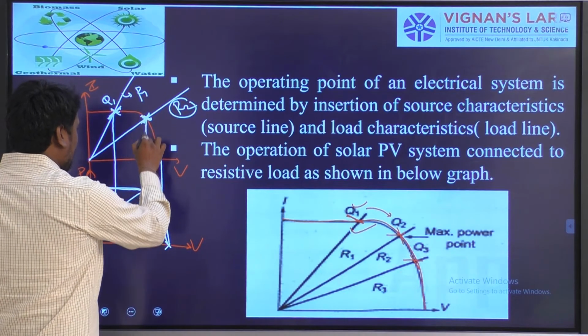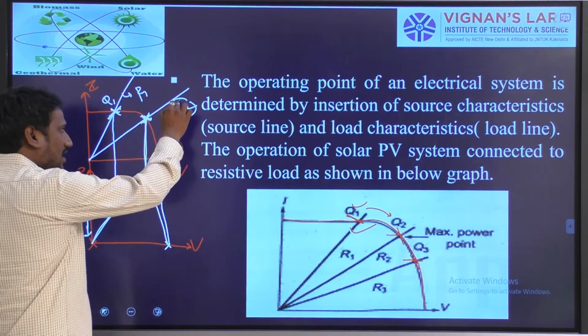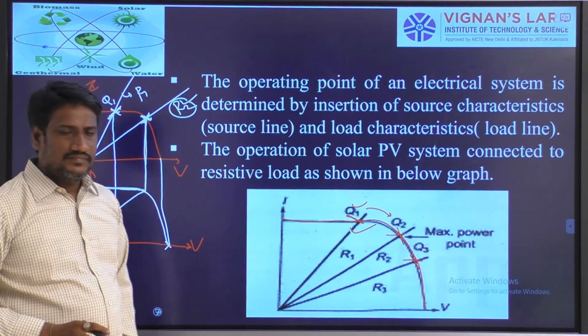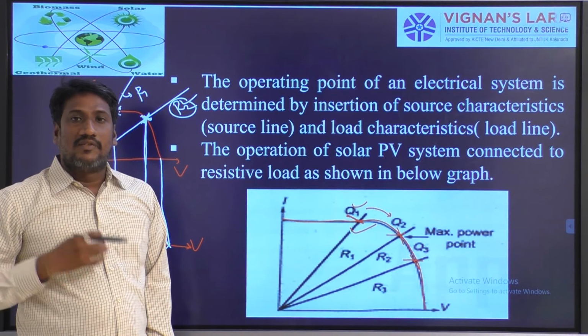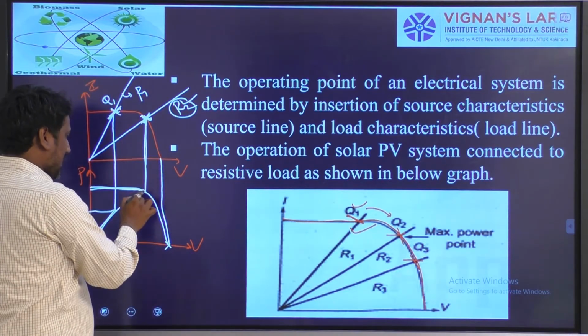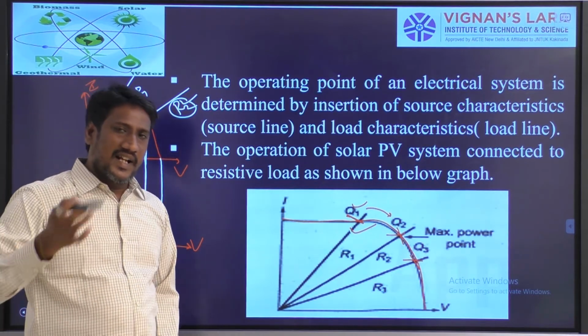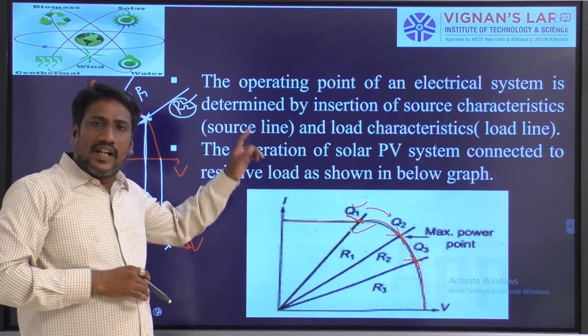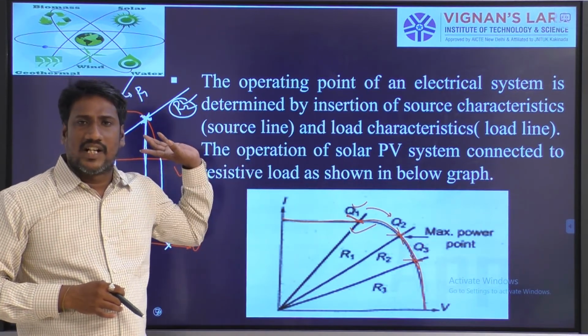At R2 the load can utilize the maximum amount of power, because it intersects at this particular point. The maximum power we have generated will be available to the load at R2.